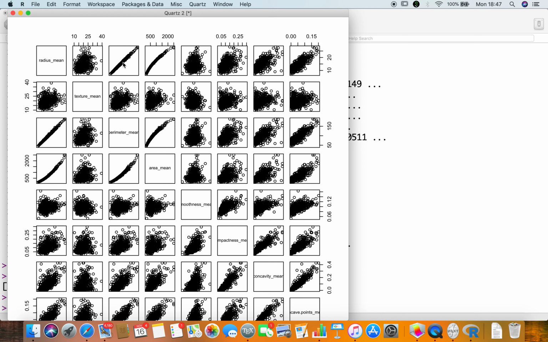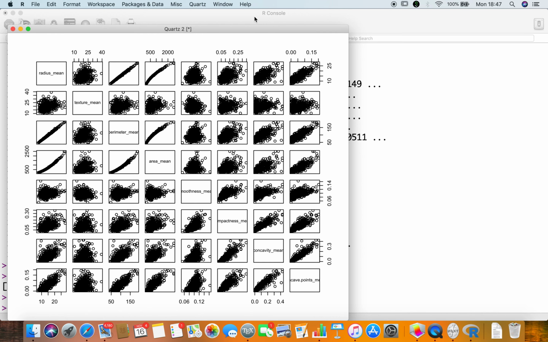So if you know what the radius is, you know what the perimeter is. And what happened here, I think, is that they measured both when they shouldn't have. Why? Because they weren't smart enough at the beginning, like we are. We're so smart. But guys, we don't know anything about these variables really. But we know that there are some redundancies because there are some things that they shouldn't have measured, but there are some things that maybe might be interesting.